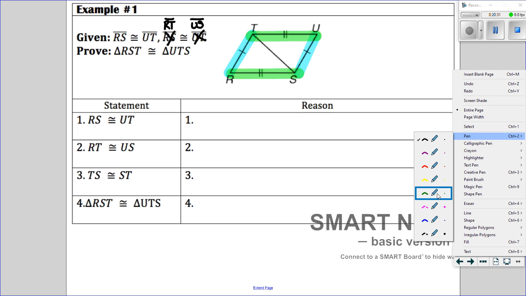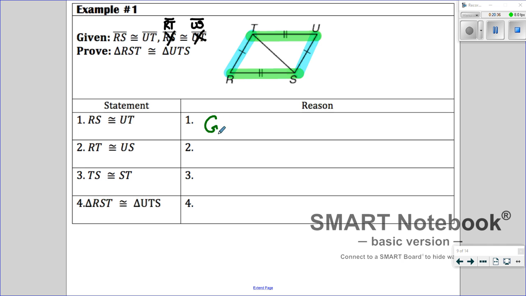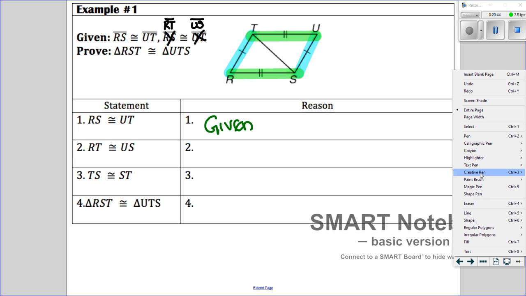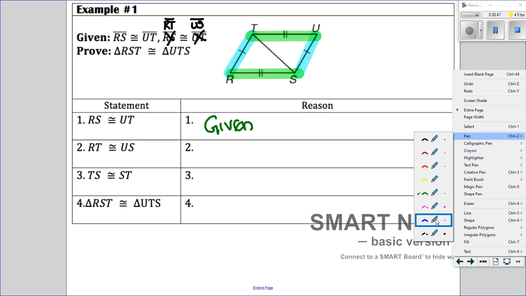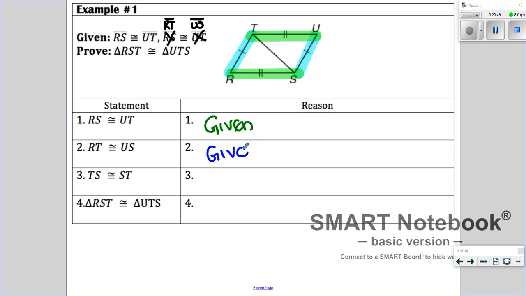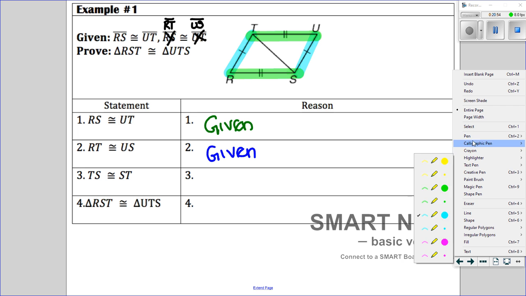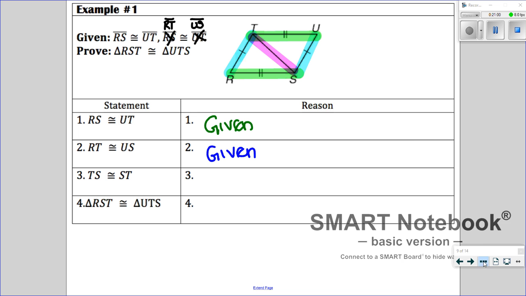So the first one is RS is congruent to UT, and that is given because they gave it to us in the beginning. They said that RT is congruent to US. That is also given. So we write our reason as given. Then they said that TS is congruent to ST, and I'm going to use a highlighter, purple, and then I'm going to make a little mark here that tells me that these are congruent, and the reason is reflexive property.